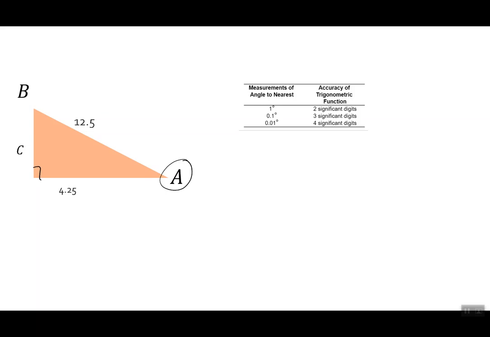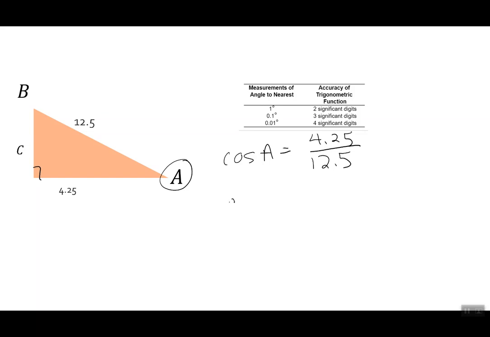If I want to know A, I look at, well, the 4.25 is adjacent and the 12.5 is the hypotenuse. So I could say that the cosine of A is the adjacent 4.25 over the hypotenuse 12.5. Once I have that, remember how I solved for A?